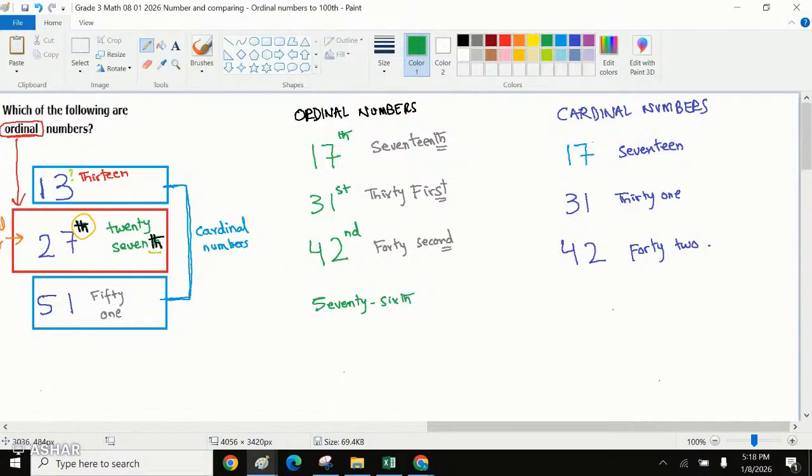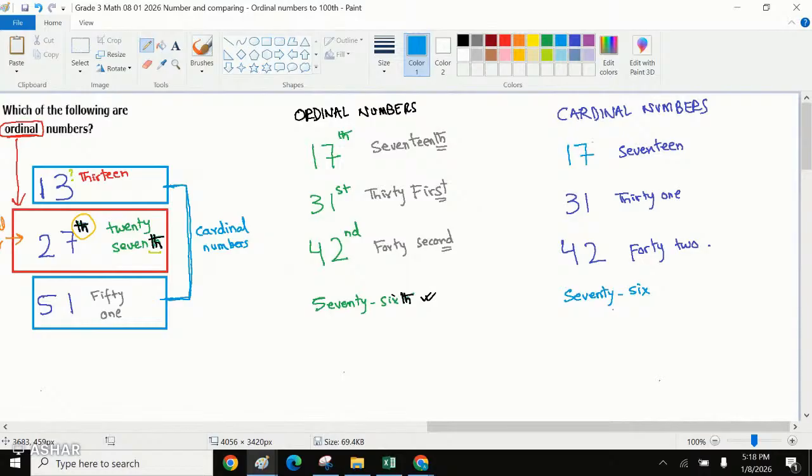Is this ending with a th? That means this is still an ordinal number. But the same question, if we write 76, this would be a cardinal number because it does not end with a th.